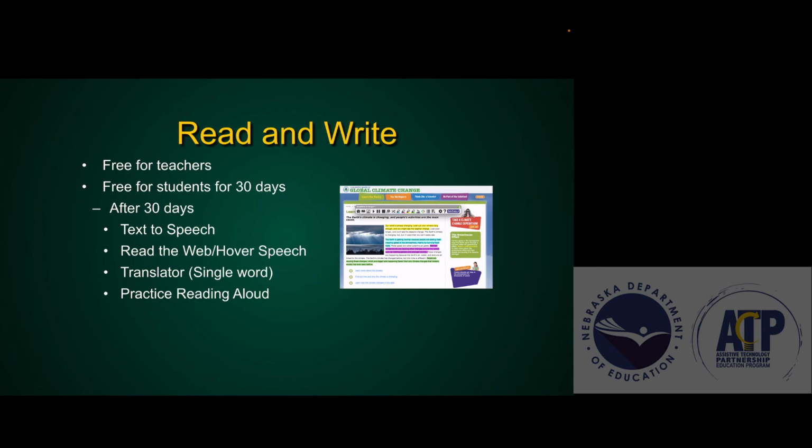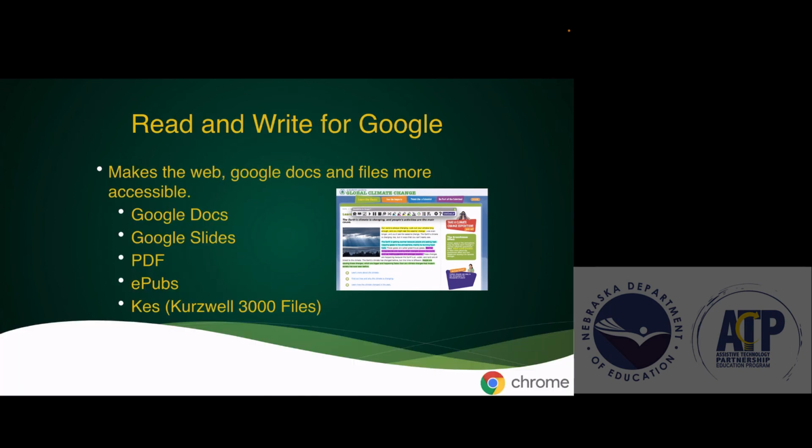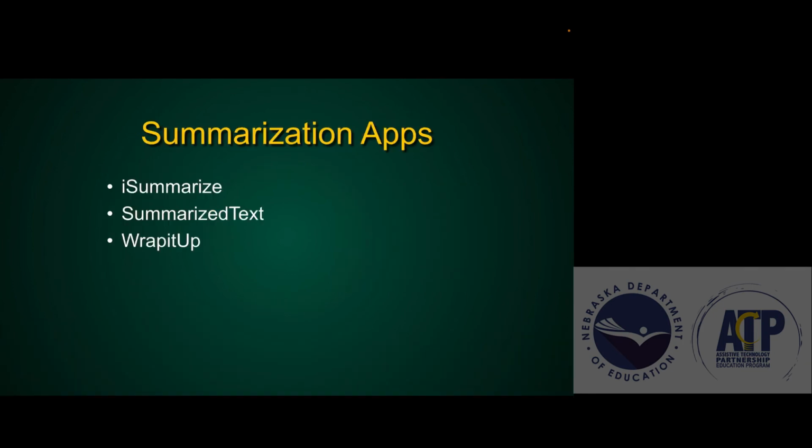It's free for teachers to download and use, and students can use it free for 30 days. And after that, it stops some of the other features, but it still keeps the text-to-speech feature in there, so it'll do that reading of text. Again, it works really, really well with Google and is optimized for Google.